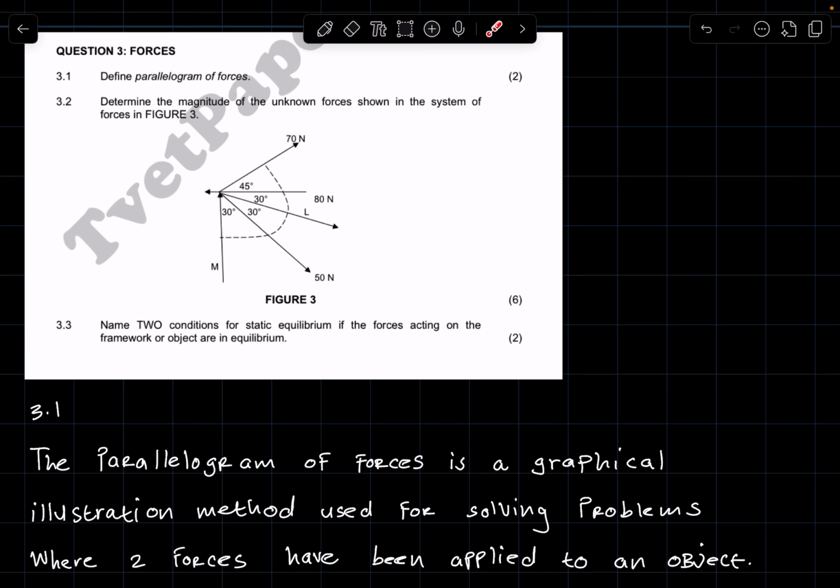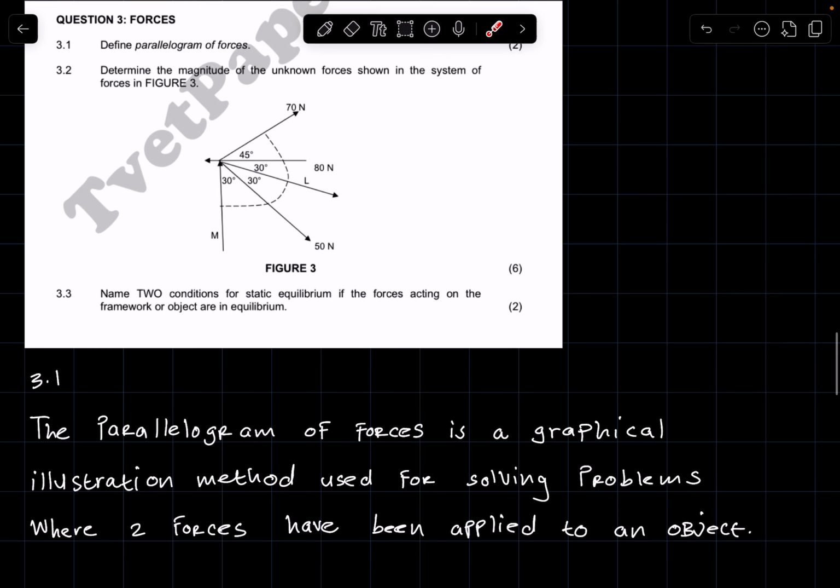So I'm going to redraw the vectors, making sure that all of them are pointing away from this point.